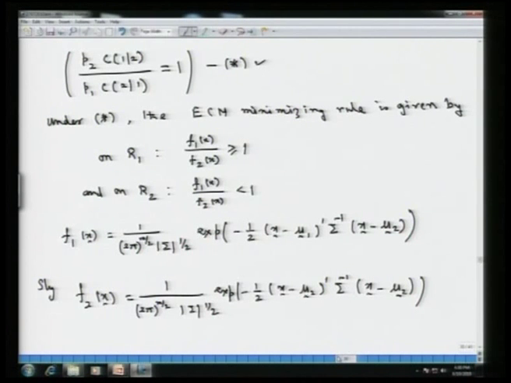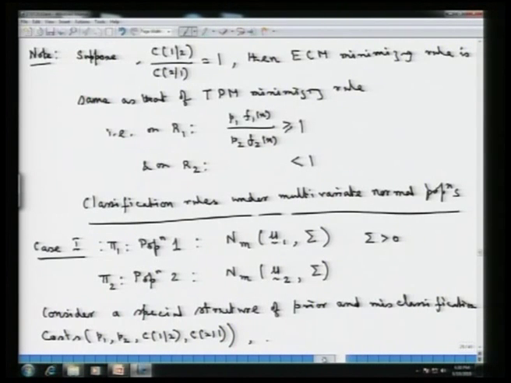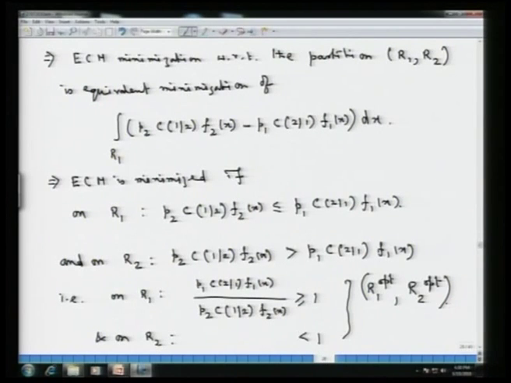So, if you look back further, the ECM minimizing rule under the general setup is this particular term here. So, we will be able to write this ratio f1(x) by f2(x) to be greater than or equal to P2 C(1|2) divided by P1 C(2|1).